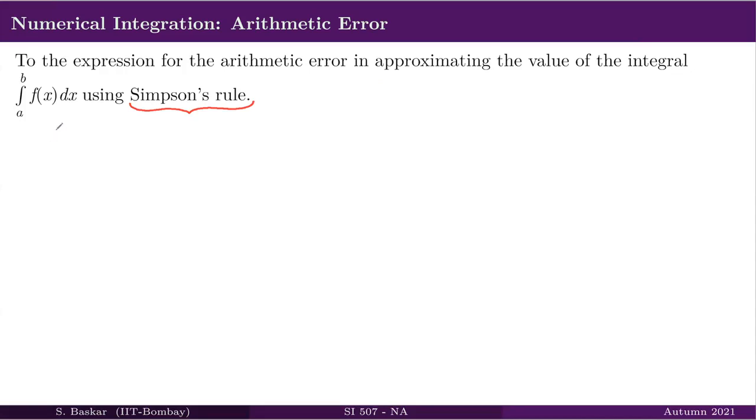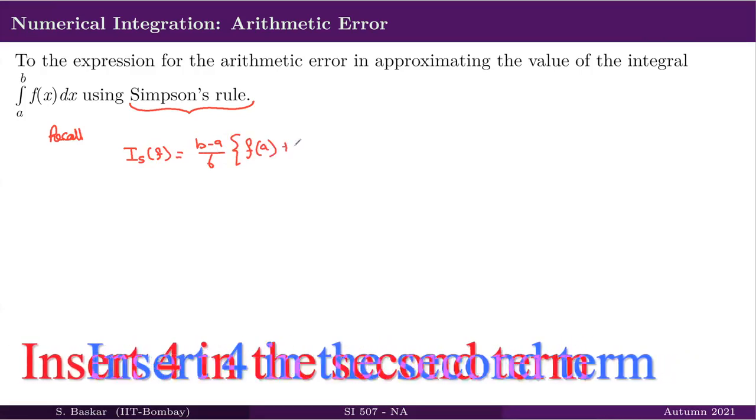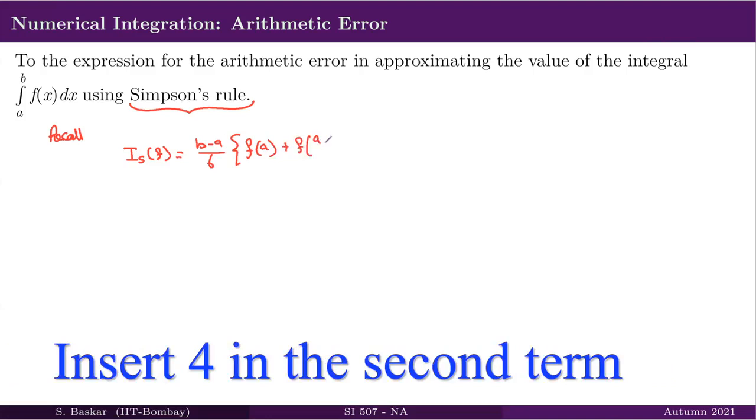Recall that the Simpson's method is given by IS of f is equal to b minus a by 6 into f of a plus 4 f of a plus b by 2 plus f of b, right?